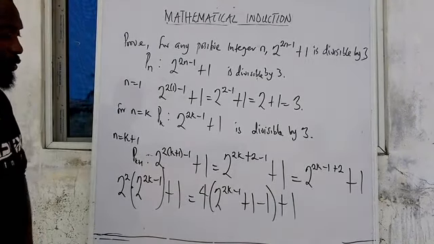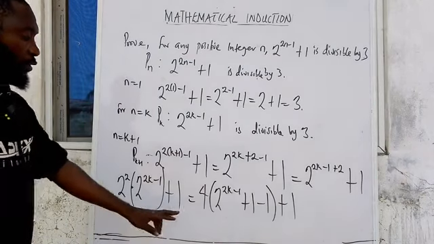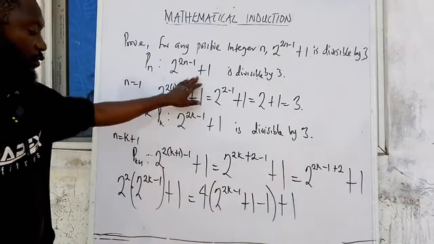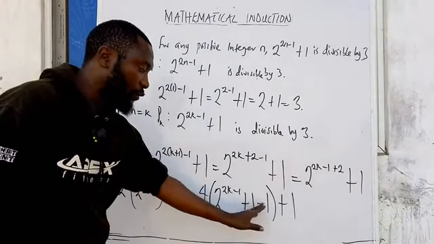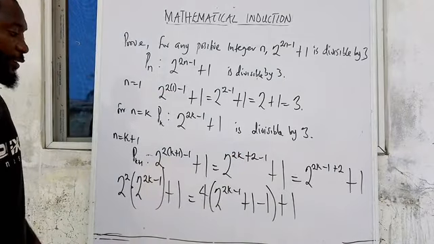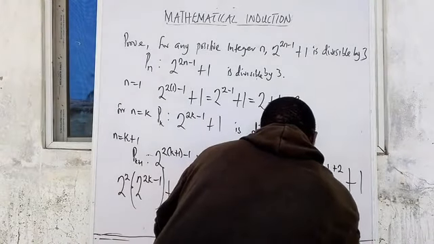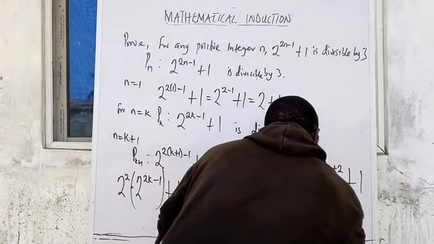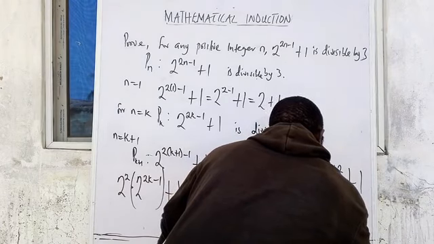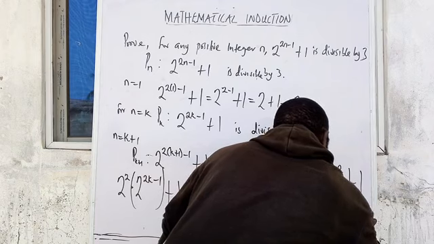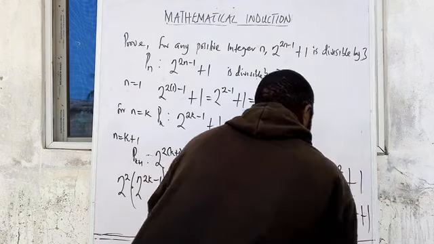What we only need to do now, we have this equals similar to this. So I just need to remove this minus 1. How will I do that? I can regroup this as a 4, open bracket, 2 raised to the power of 2k minus 1 plus 1, then minus 4 plus 1.